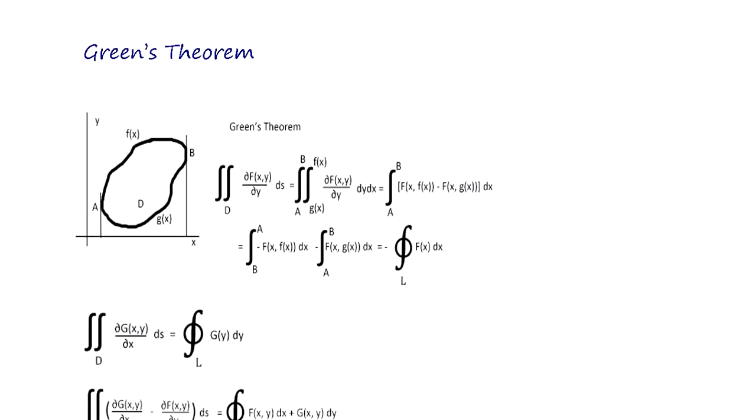Now Green's theorem. Green's theorem is a mathematical theorem. Suppose you have f(x) and g(x), enclosed, from here to here is g(x), and from here to here is f(x).